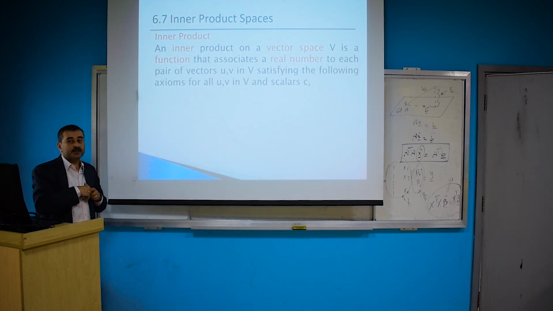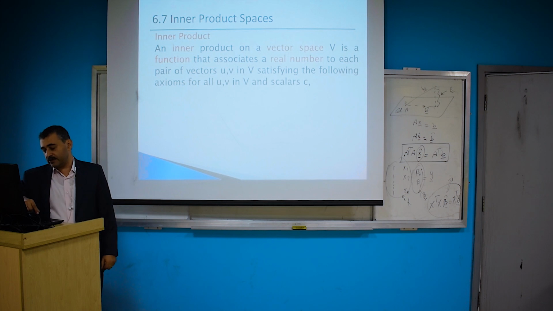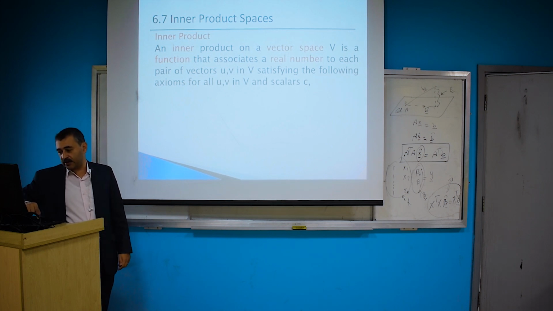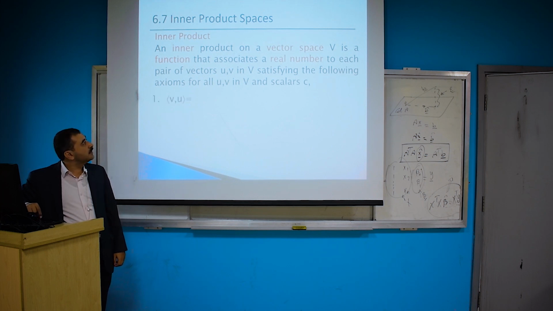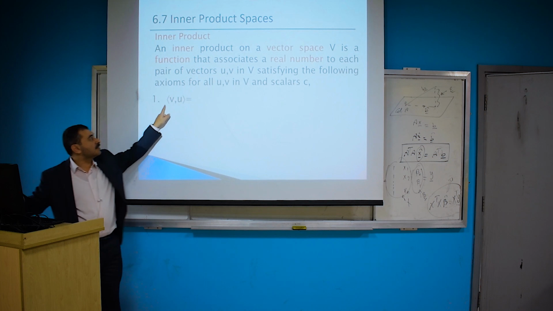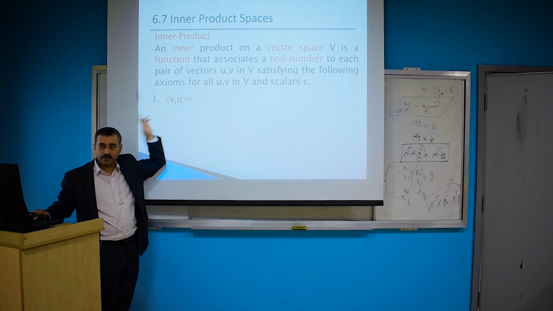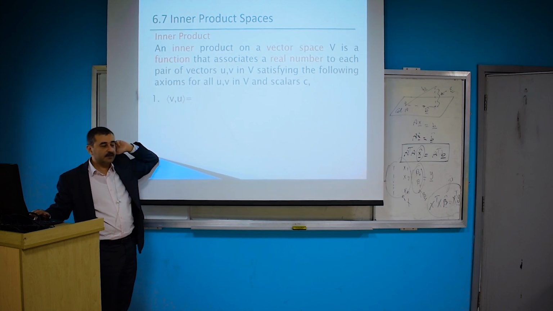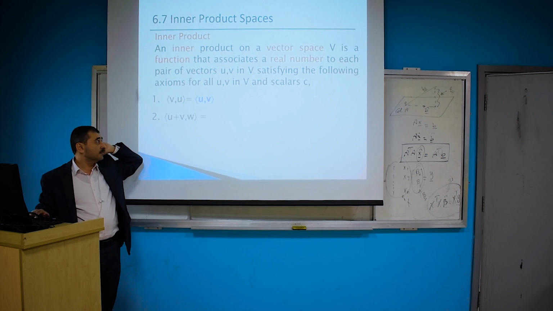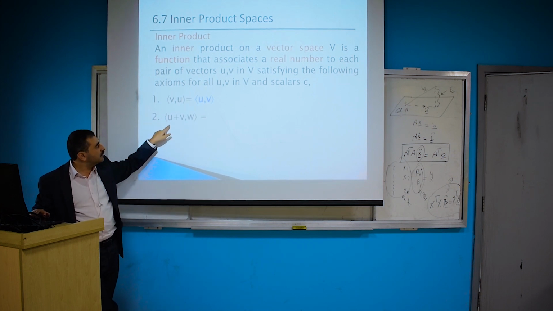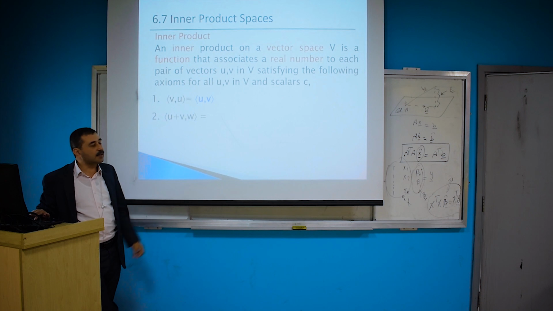You can define many inner products for the same vector space. However, they must satisfy these axioms, as the dot product does. The inner product between v and u has to be equal to the inner product between u and v, so it is commutative. You can distribute: the inner product of u plus v with w equals the inner product of u and w plus the inner product of v and w.